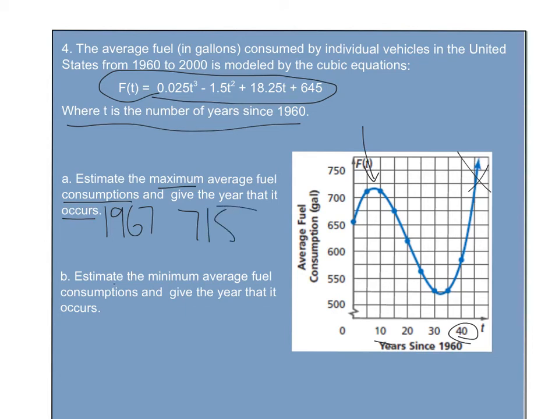And then for the minimum down here, that's going to be quite clearly right here. So that's going to be 1990, I would say 1995. And that minimum is going to be just below 525. So I'm going to say that it's approximately 520. And this is approximately 715.